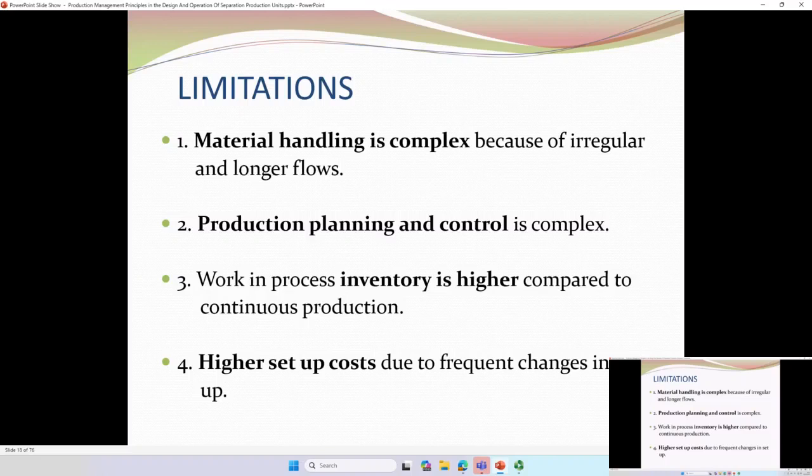As a result, material handling is complex. When I was a production manager, the first thing I always told them was to make sure they clean it very well so that it will not interfere with the next production, which is different from the one before. It's because of this problem. Those are the limitations, along with higher setup costs due to frequent changes in setup. So that is batch production.